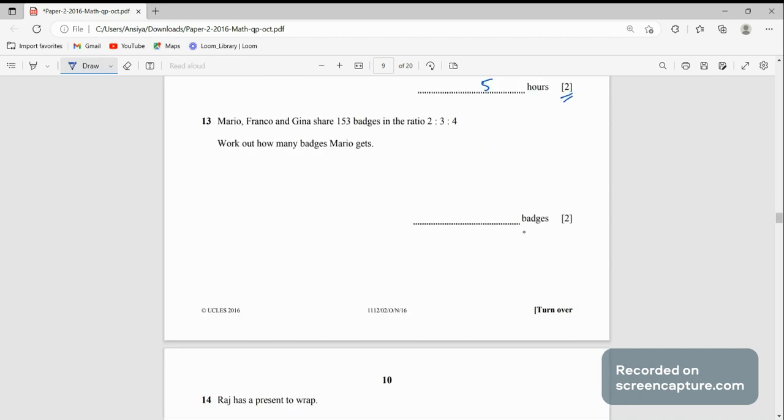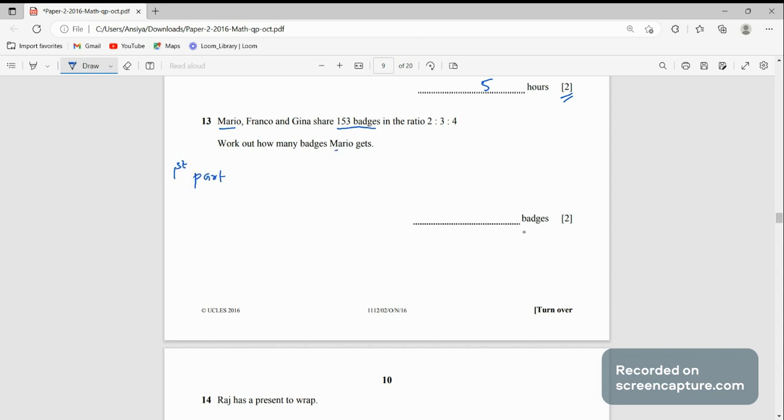Mario, Franco and Gina share 153 badges in the ratio 2 to 3 to 4. Work out how many badges Mario gets. So we need to find out only about Mario. We have learned about ratio. If it's a 3-part ratio, we can find out the first part, second part, third part.